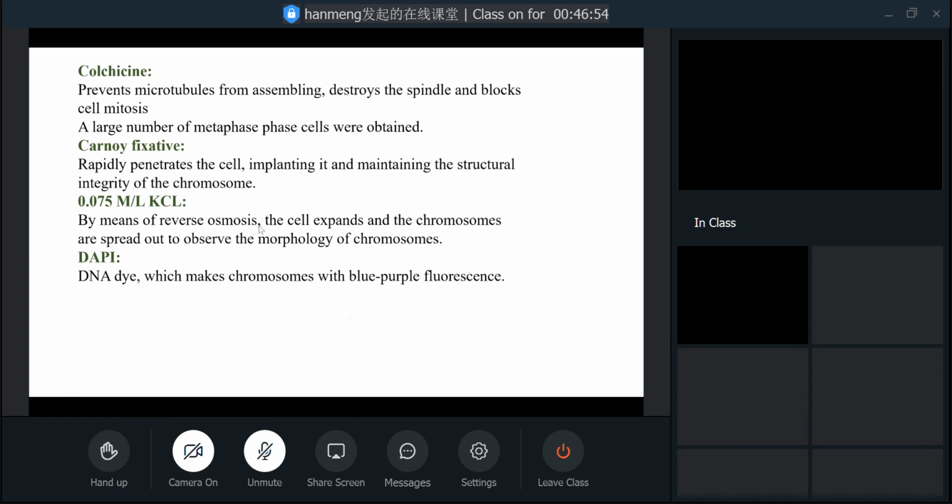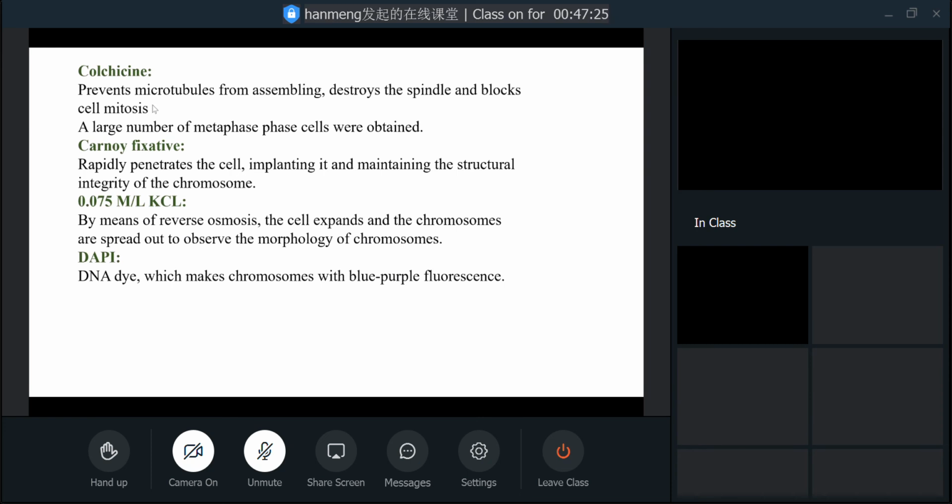We also use Giemsa. In this experiment, we can also use Giemsa to dye the chromosome. But in this experiment, I use DAPI. I also used DAPI and Giemsa, but in the Giemsa experiment, I didn't observe a better morphology of the chromosome for us.